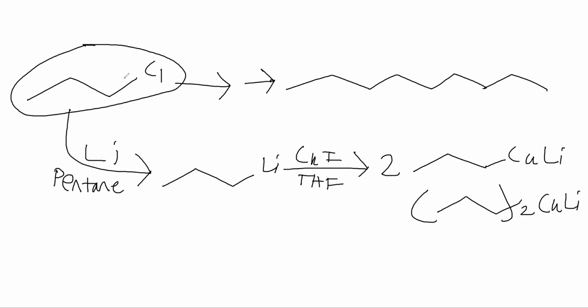You take an alkyl halide, you react it with lithium, and then you react it with copper iodide, and you form a Gilman reagent. And then that reacts with another alkyl halide to form carbon-carbon bonds. So Gilman reagents are formed from alkyl halides and react with alkyl halides, which is a bit confusing, but that just is what it is.